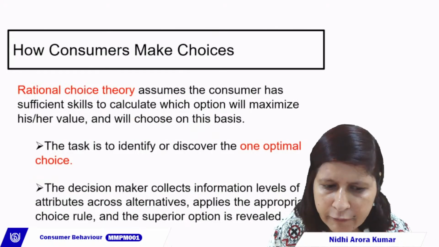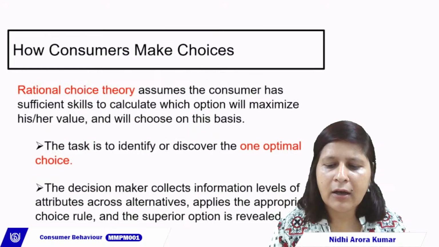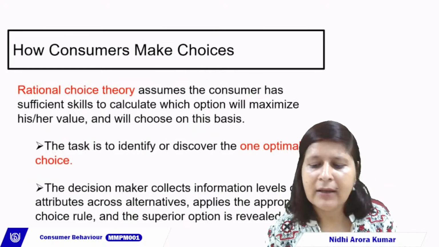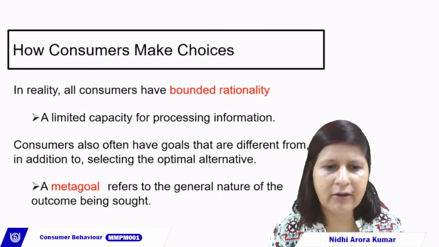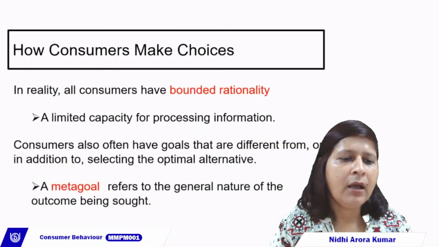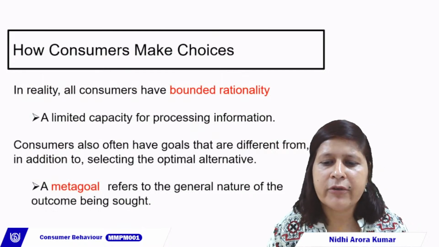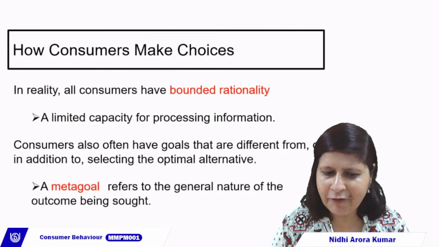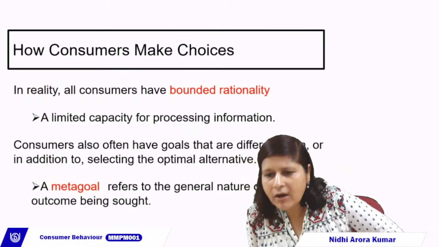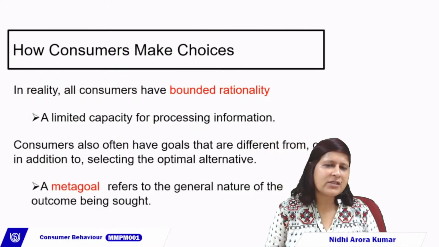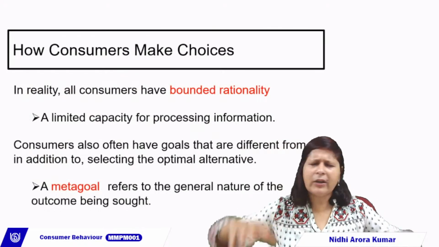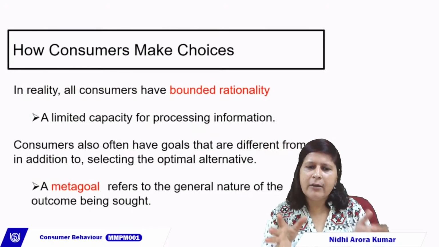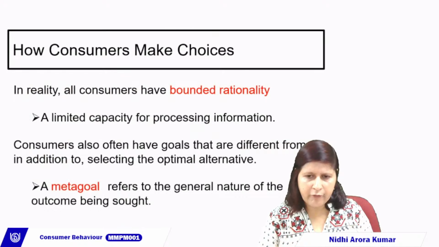They collect the information, and then they apply the appropriate choice rule, and then the superior option is revealed, right? In reality, all consumers have bounded rationality, a limited capacity of processing information. That is no doubt. We all have a limited capacity of processing information. Whatever information we can gather, being human beings, we have a limited capacity of processing it.